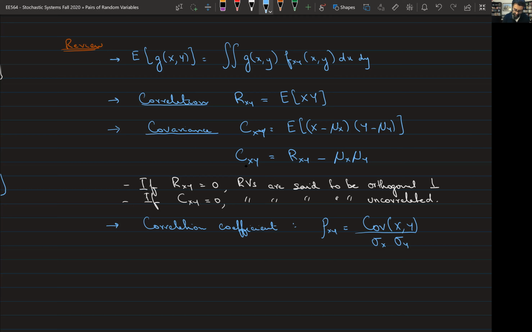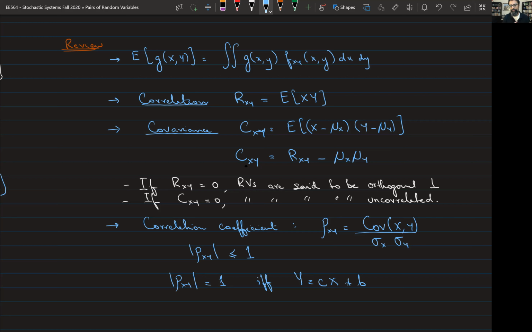We also said, without proof (the proof is there in the textbook), that the magnitude of the correlation coefficient is always less than or equal to 1, and is 0 only if the random variables are uncorrelated. Equality to 1 only holds if and only if y equals cx plus b, so one is an affine function of the other.